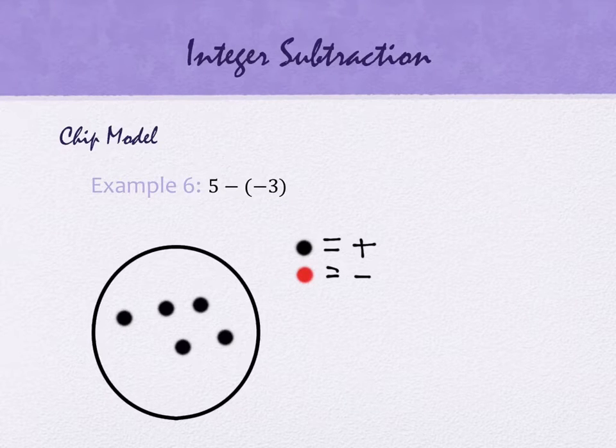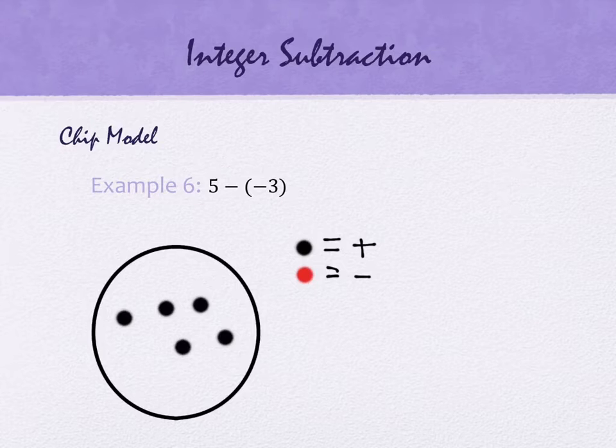So what I did when we were working before is that when we added things, we just put them into the circle, right? Well, if I'm trying to subtract, it would mean I'm trying to take something out of the circle. And what I'm supposed to be doing is taking out 3 negatives.